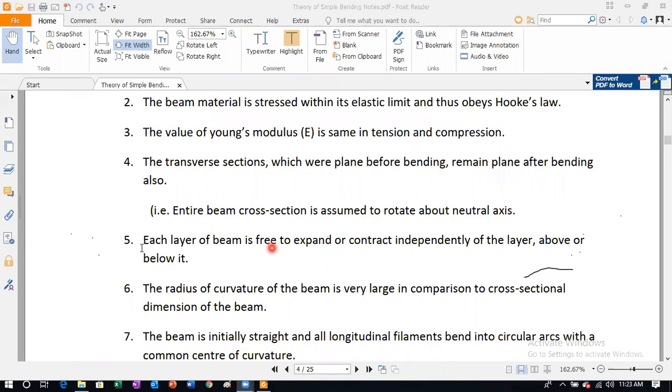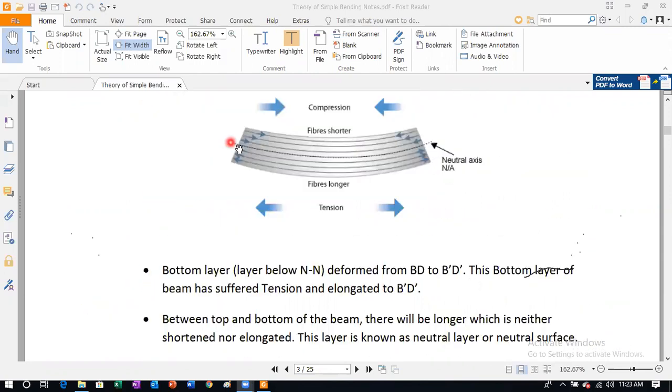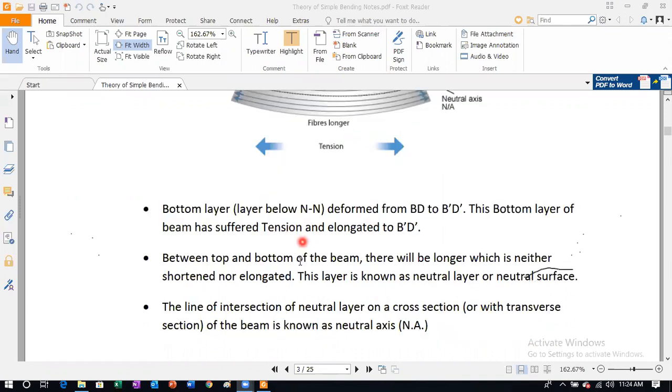Okay. Now, the fifth assumption is that each layer of the beam is free to expand or contract independently of the layer above or below it. For that, we can see this diagram. This is the neutral axis, and these are the upper fibers and these are the lower fibers of this beam. All of the fibers are independent. They can expand or shorten throughout the cross section of the beam.